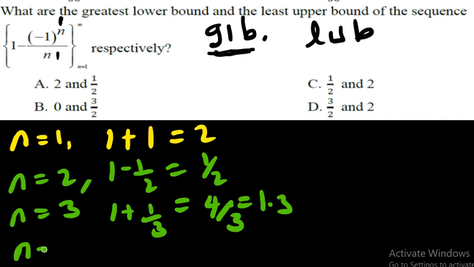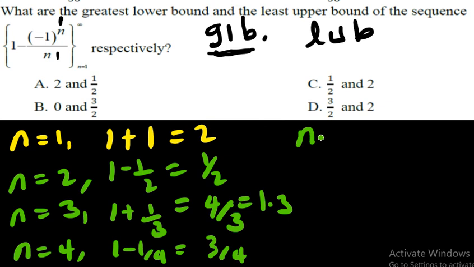What if n is equal to 4? And I'll stop here. n equal to 4 means it will be 1 minus 1 over 4. That is 3 over 4, again 0.75. Finally, let us check as n goes to infinity. As n goes to infinity, the denominator is a large number, and we don't care about the numerator.